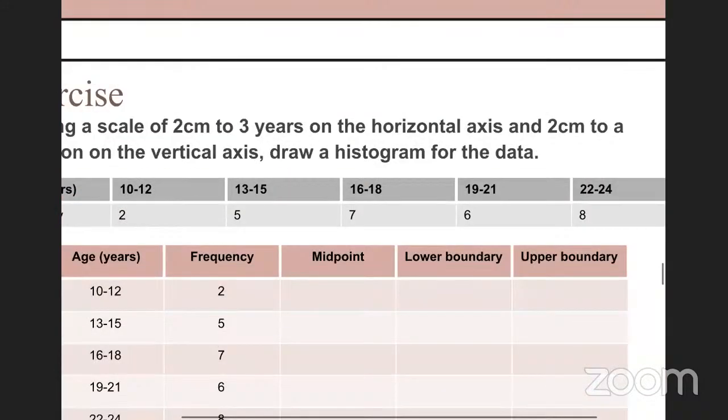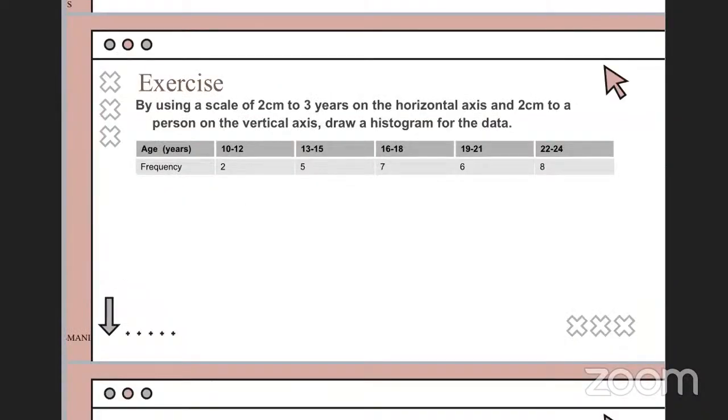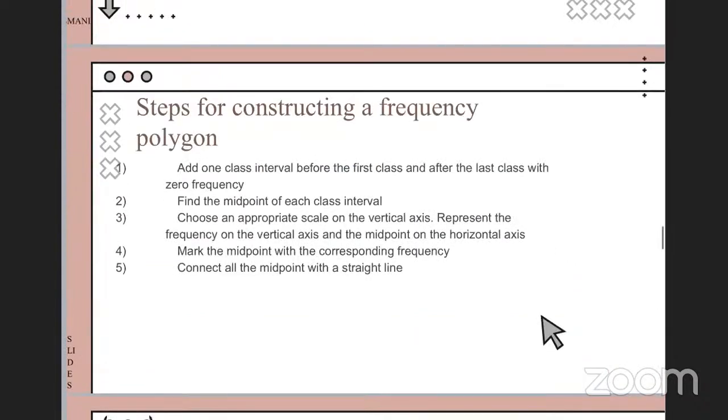So this is the second graph you have to draw, which is the frequency polygon. I have to add one class interval before, but the frequency is equal to 0, and you have to find the midpoint, and then we just draw a straight line in between the midpoints.